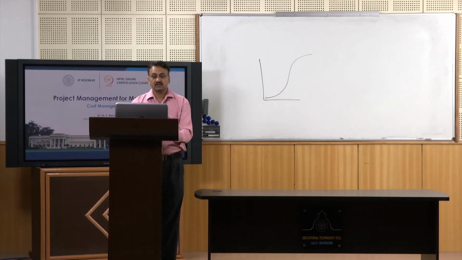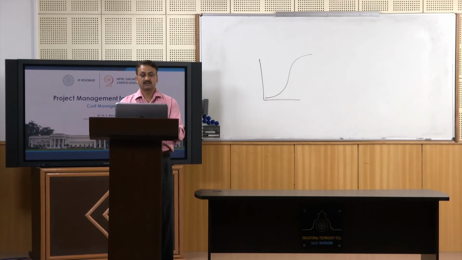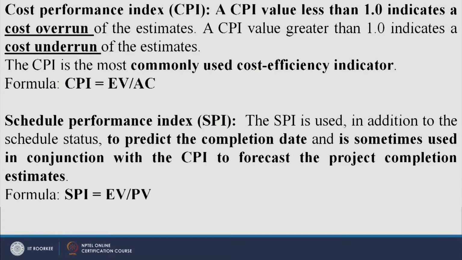So, if you look at cost performance index, which is the ratio of earned value to actual cost. If actual cost is more than earned value, then it is a case of cost overruns, right. So, a CPI value less than 1 indicates cost overruns of the estimates. CPI will be less than 1 when actual cost is more than earned value.